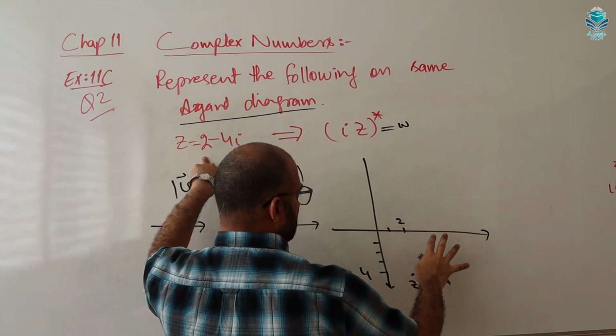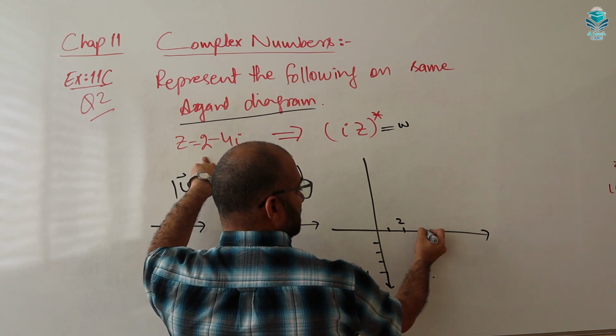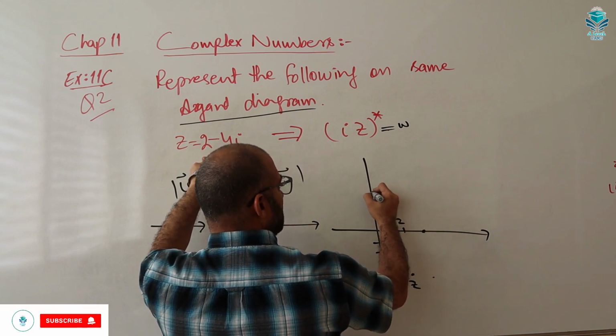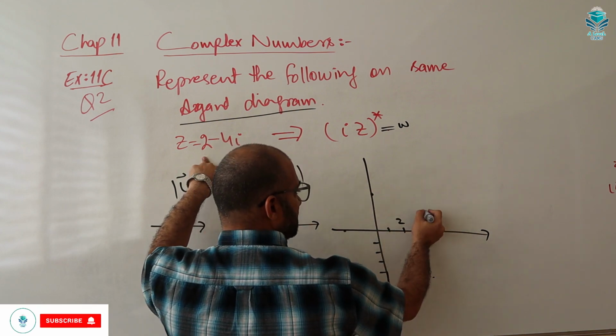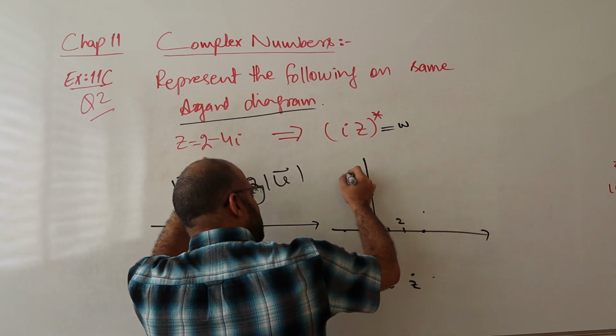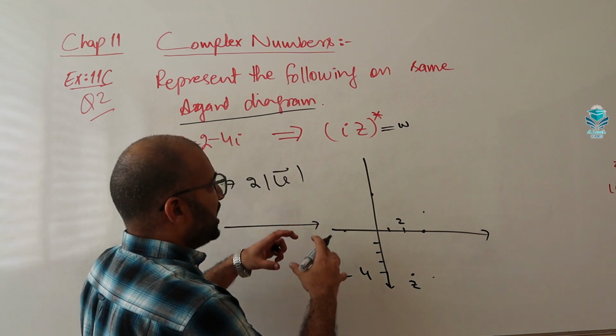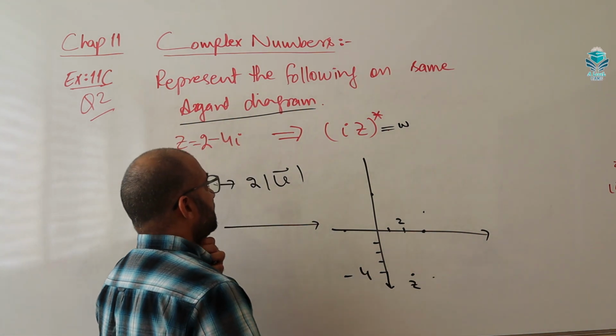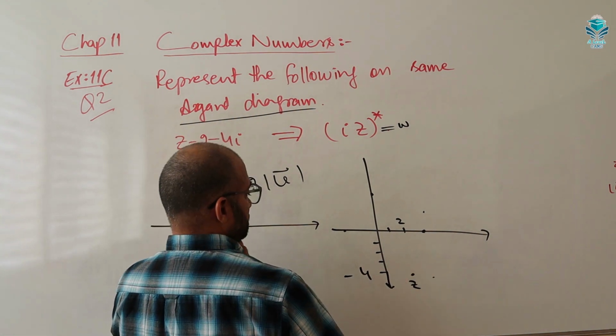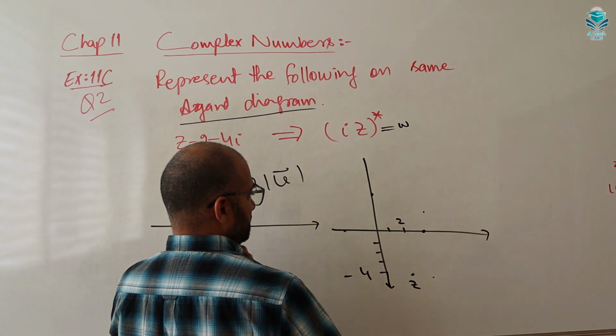I have no idea where it will go. If the number is on the real axis, I will move here. If here, I can move here. But if the number is here at a 90 degree angle, where will it go? Immediately I cannot write, but by the value I can write. So let's say it is this one.